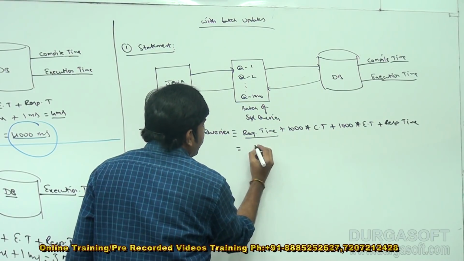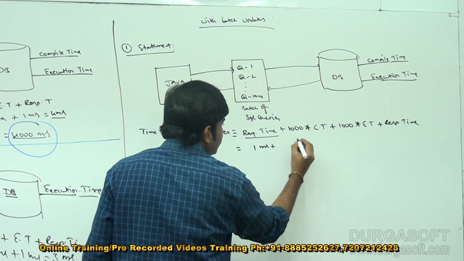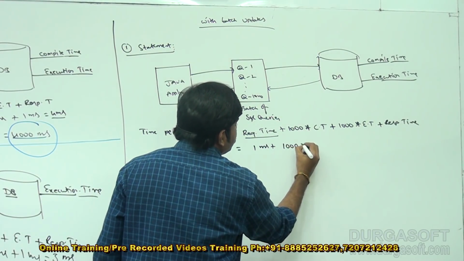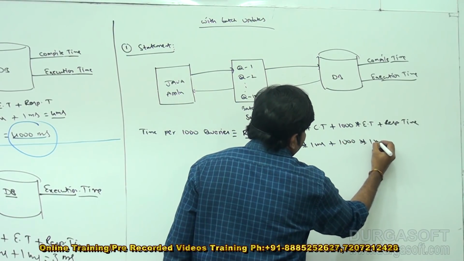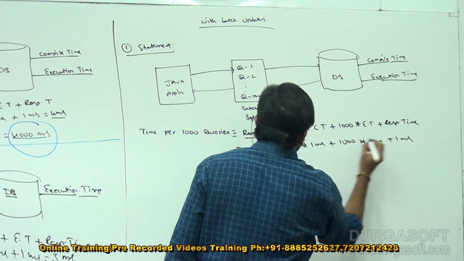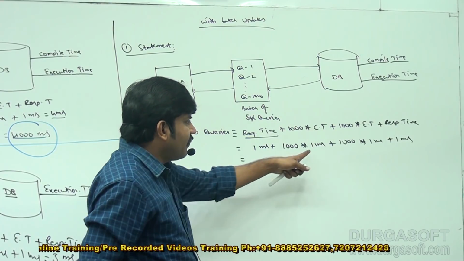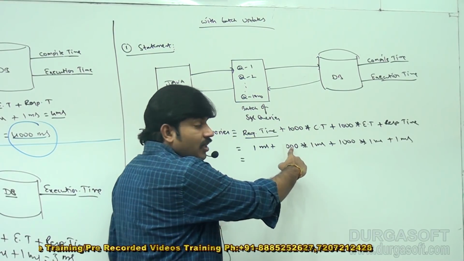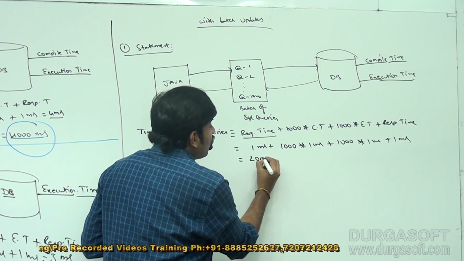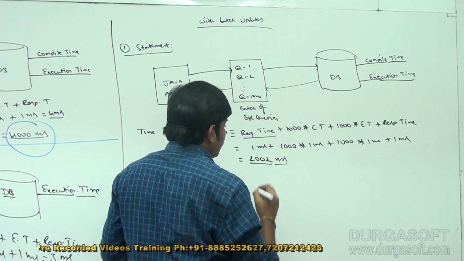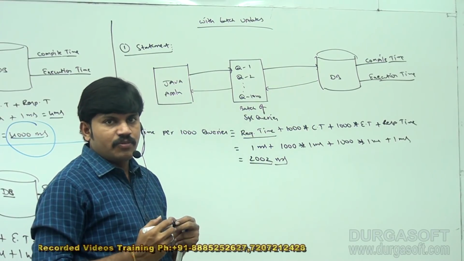Now observe that, 1 millisecond, 1000 into 1 millisecond, 1000 into 1 millisecond, plus 1 millisecond. Do you know what the value is? 1 plus 1000 plus 1000 plus 1 is nothing but 2002 milliseconds time is required. I hope everyone can understand.